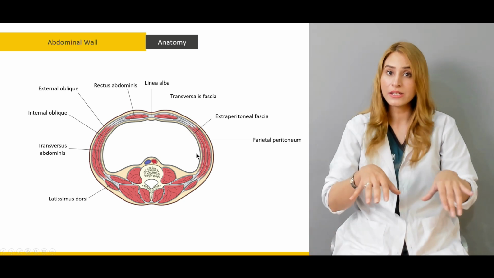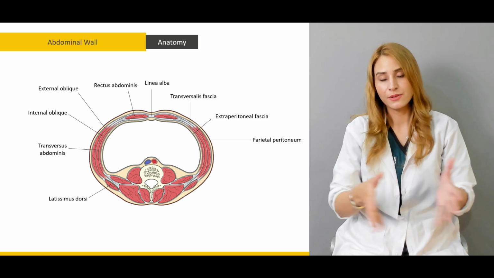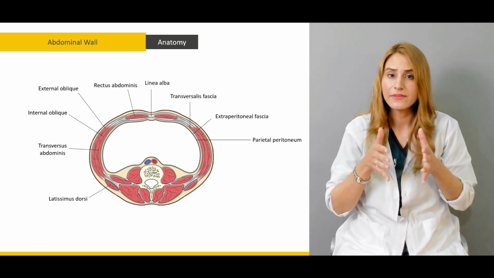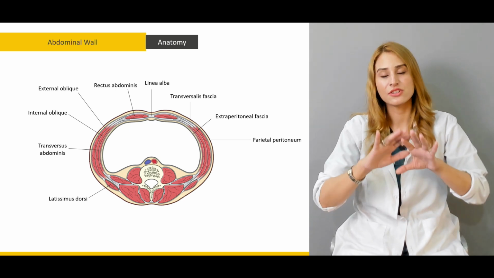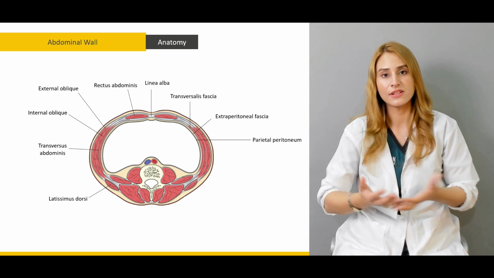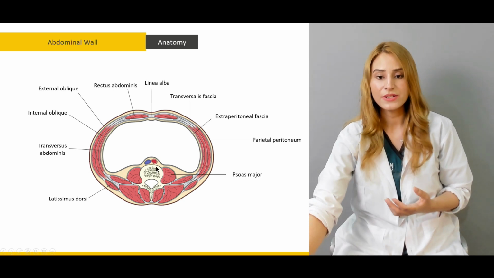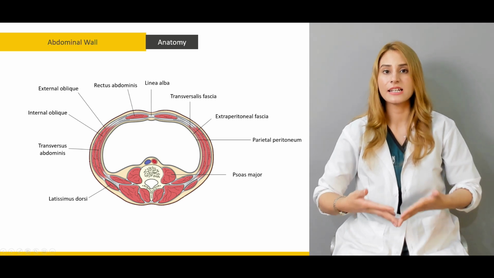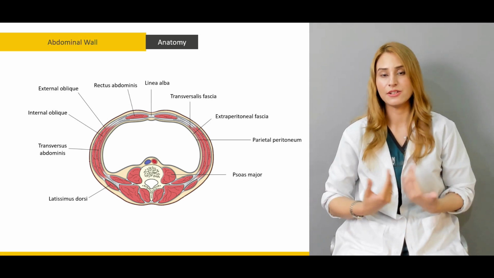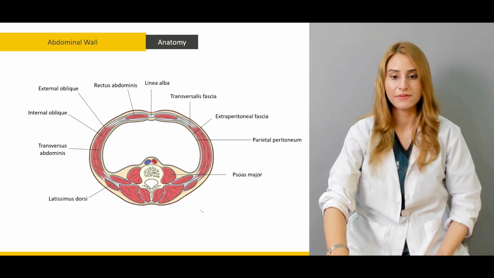We have to open the parietal peritoneum, then we enter the peritoneal cavity, and we have the visceral peritoneum as well, because the visceral peritoneum is actually adherent to the different viscera which are located in the peritoneal cavity. There's another muscle, which is the psoas major. It is also located retroperitoneally, a retroperitoneal muscle in the posterior aspect of the abdominal wall.